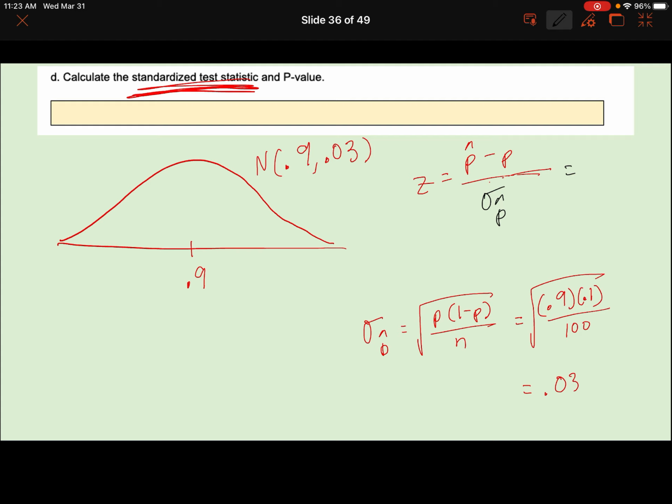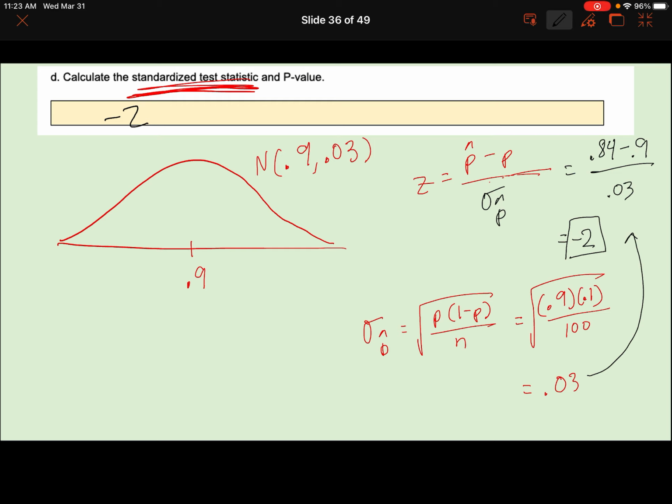My p hat value was 0.84, and I'm subtracting 0.9, that's my value for p, divided by the standard deviation of 0.03, which gives me a z-score of -2.